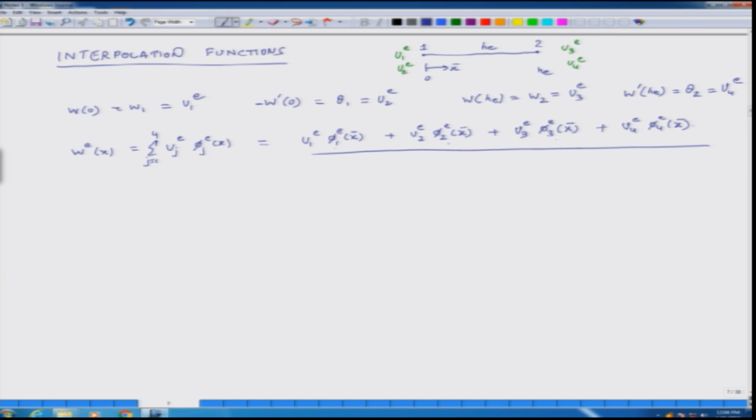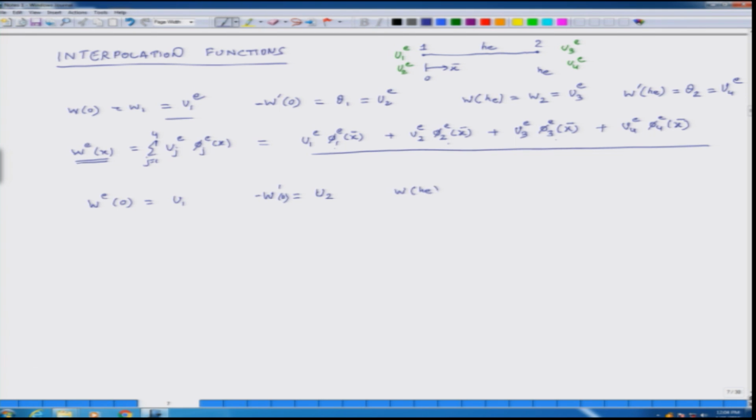And this W represents the deflection over the length of the element. So, the nature of W is such that W at 0 should be equal to U1. So, these are the conditions, we have already written them. W prime should be equal to U2. So, I am just rewriting those.